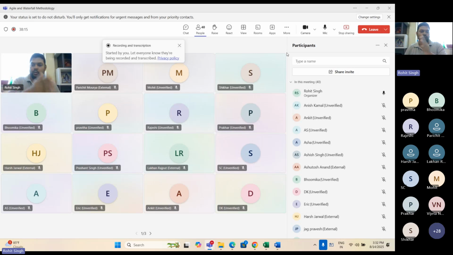Either agile or waterfall. So it is just the way, a framework, the steps, the methods that we are going to use, execute and implement so that we can perform the complete SDLC. Okay, clear?